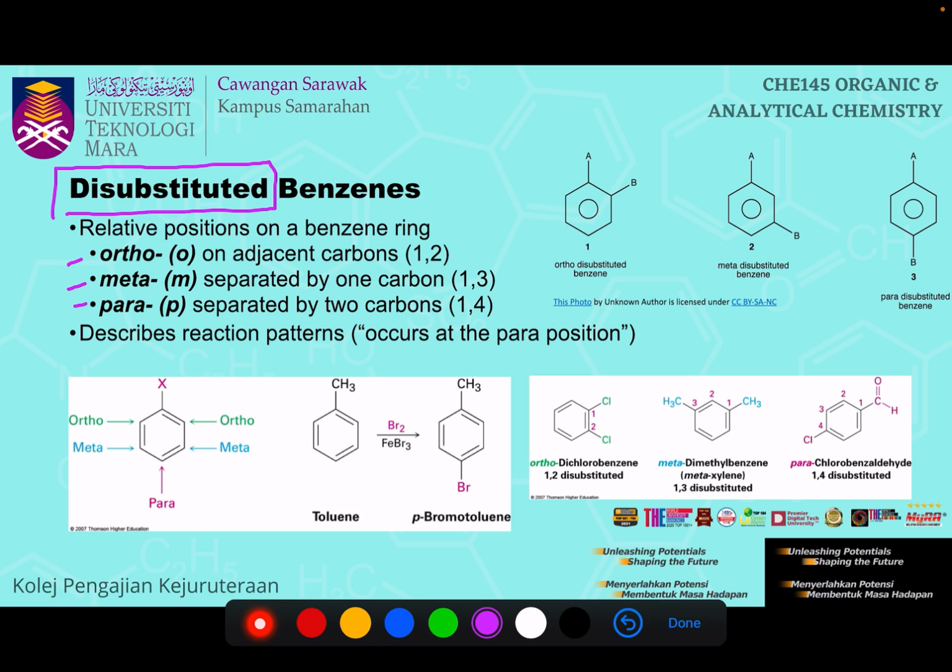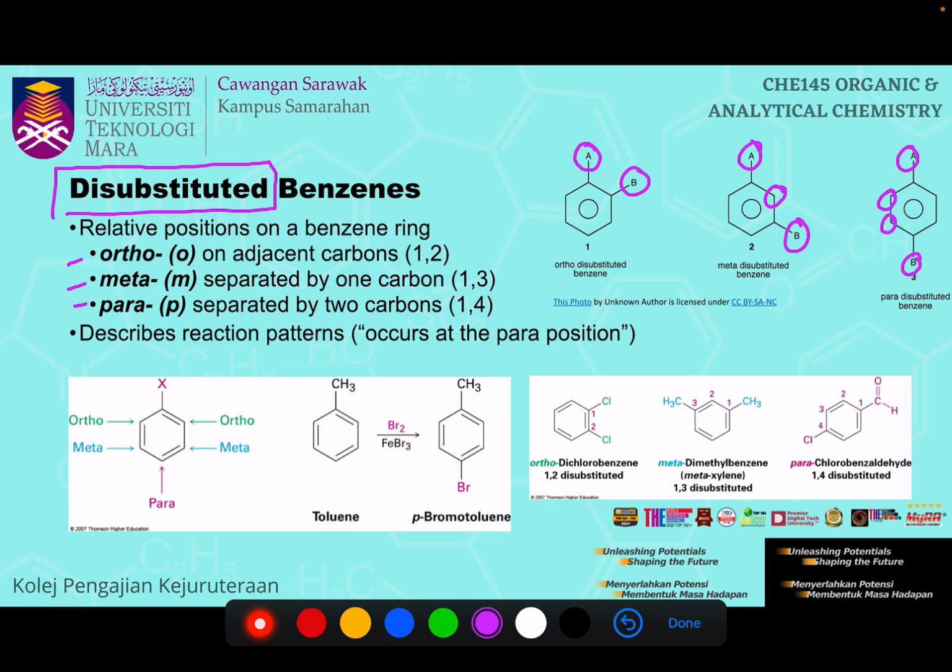So if it's ortho, it should be next to each other. If it's meta, it will be one carbon apart, and if it's para, it will be two carbons apart, on either side. So here, simplified, describe the patterns, ortho, meta, para.